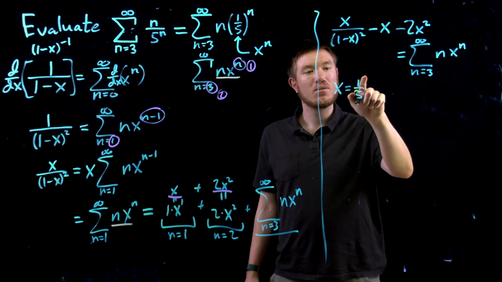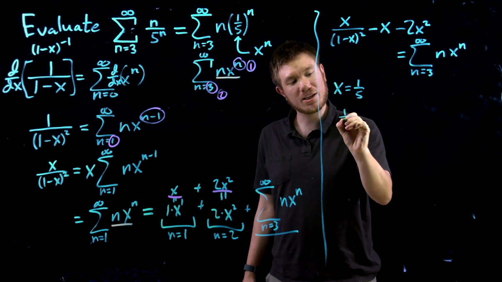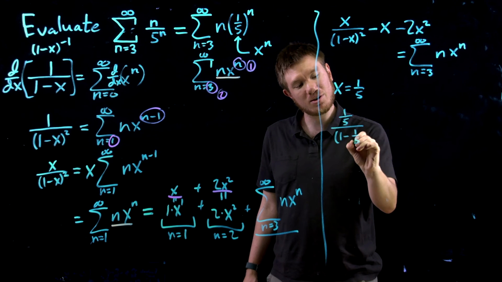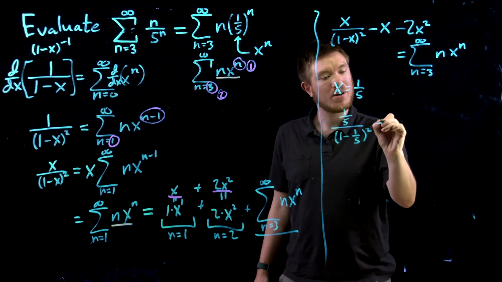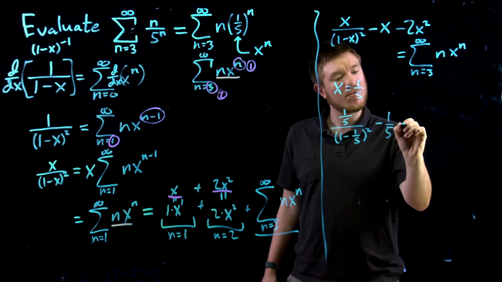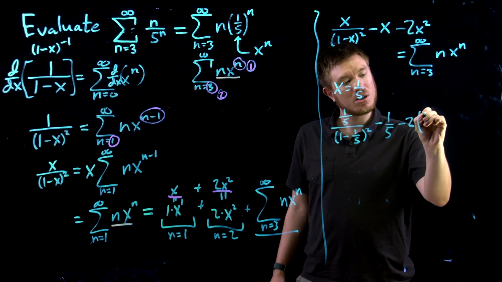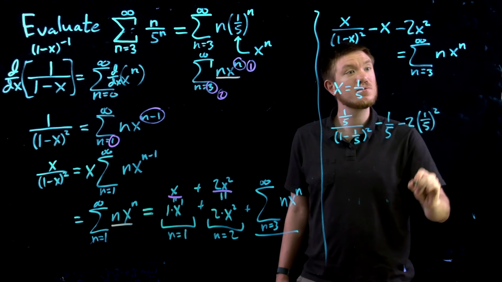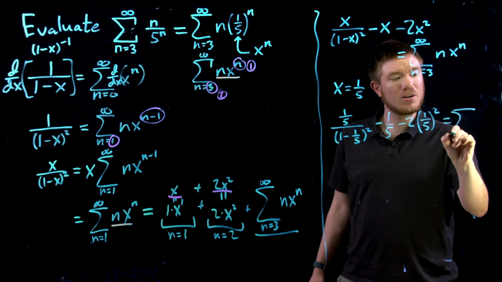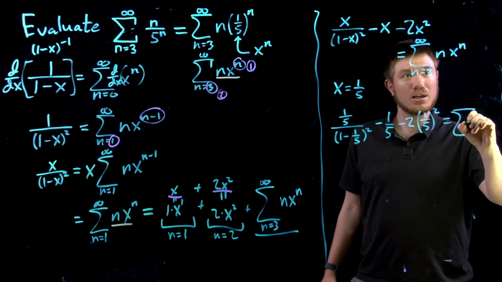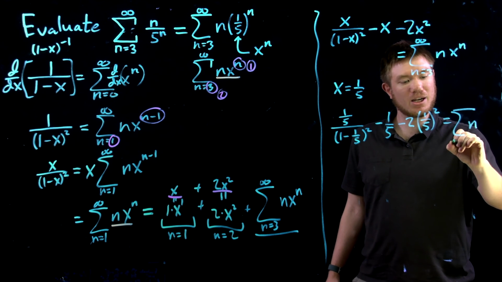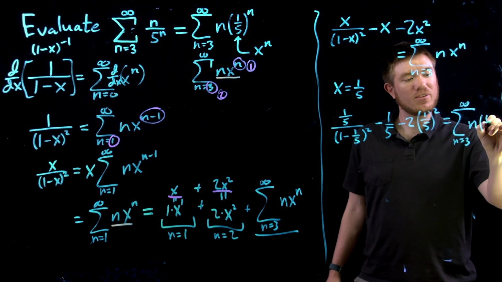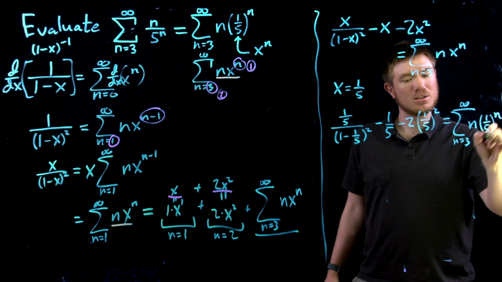So by plugging in 1/5, on the left-hand side we get 1/5 over 1 minus 1/5 all squared, minus 1/5, minus 2 times 1/5 squared, equals the sum as n goes from 3 to infinity of n times 1/5 to the n.